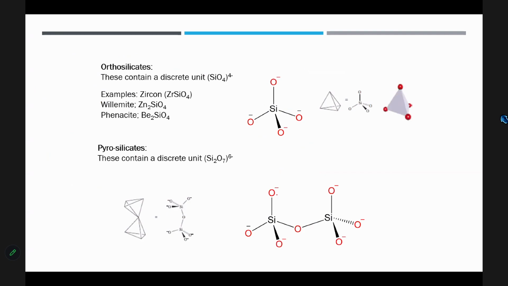Sir, why does silicon form different oxides but not carbon?